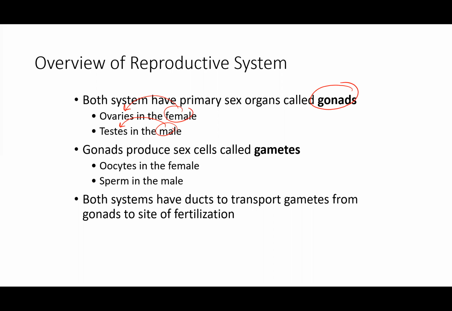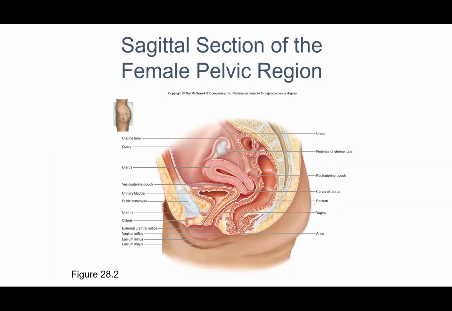The gametes in women are the oocytes, and in men it is sperm. There are different ways the body will transport these gametes, whether it's the oocytes or the sperm, from the gonads to the fertilization site.